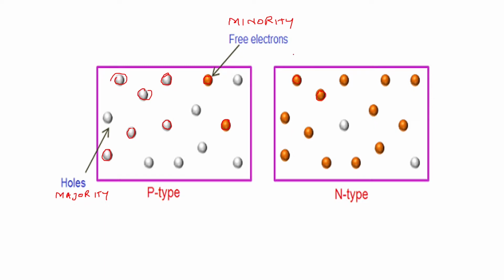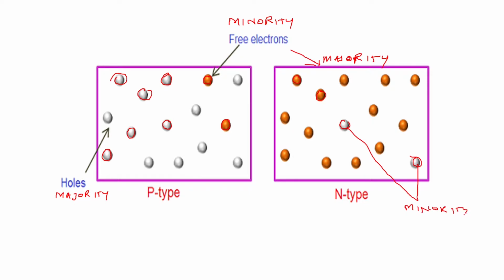So the free electrons here are majority charge carriers. And there are few holes which are formed because of temperature, covalent bond breaking, and those will be called minority charge carriers, the holes.